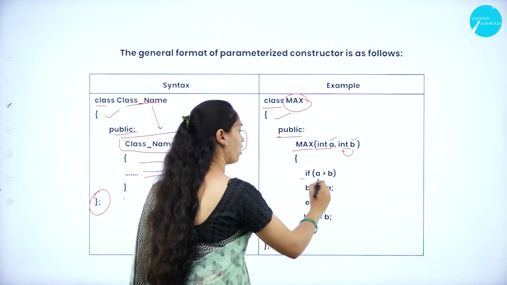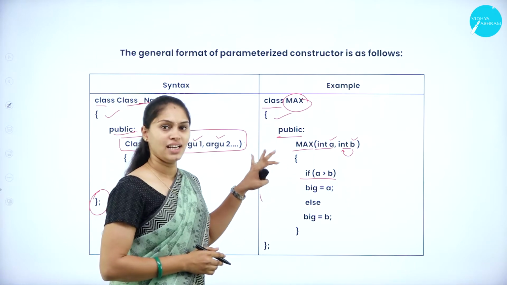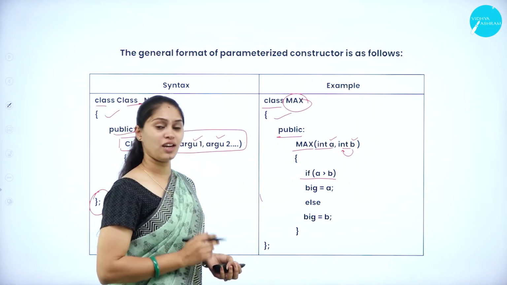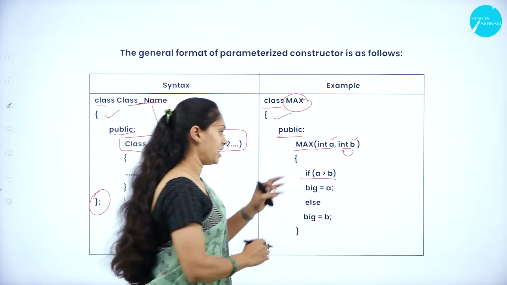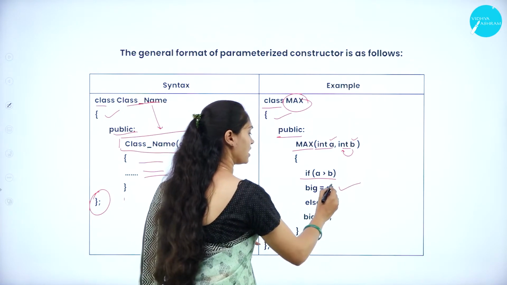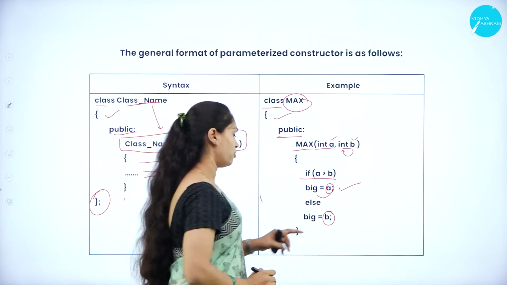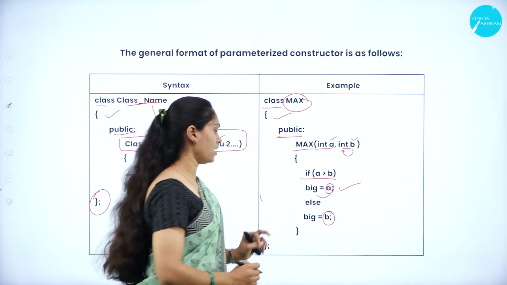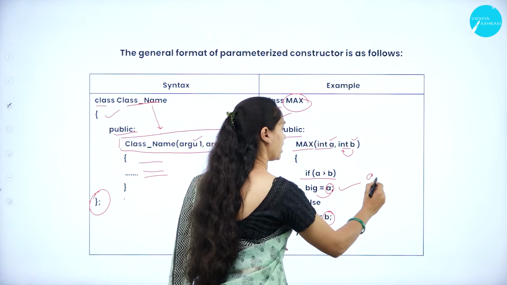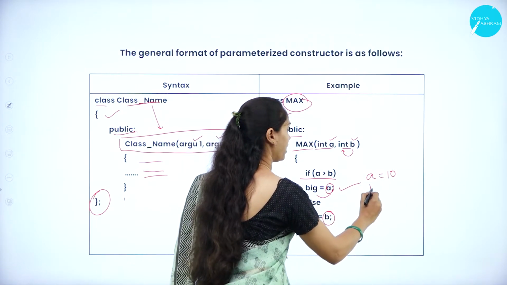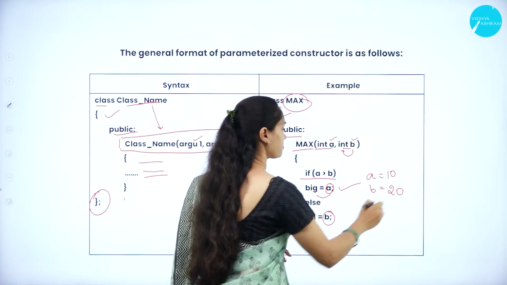After that, I have one condition. What is that? If A is equal to B. If it is true, then I am going to assign the value of A to B. If not, then I am going to assign the value of B to big. Getting? So you can see here, I am going to take the value of A as 10 and B as 20.